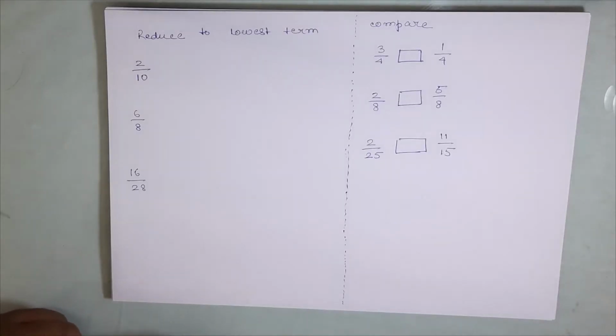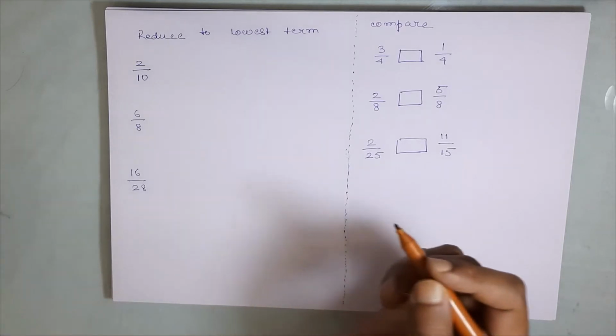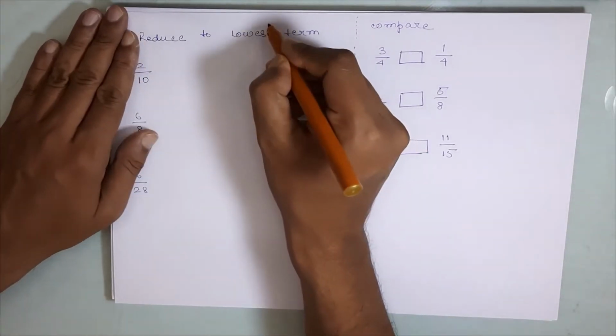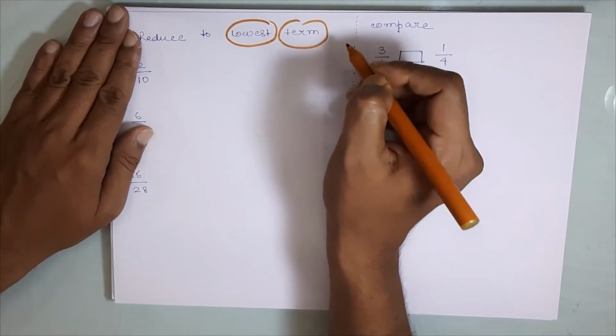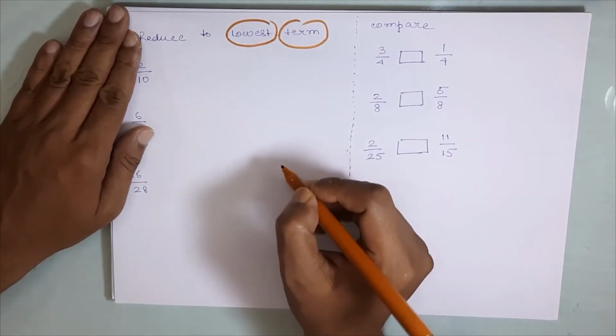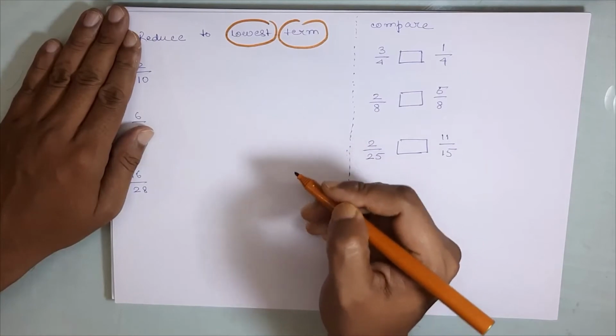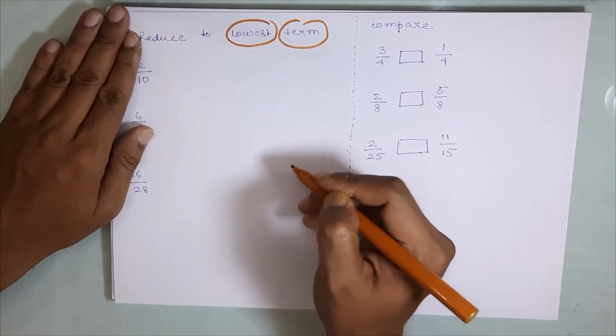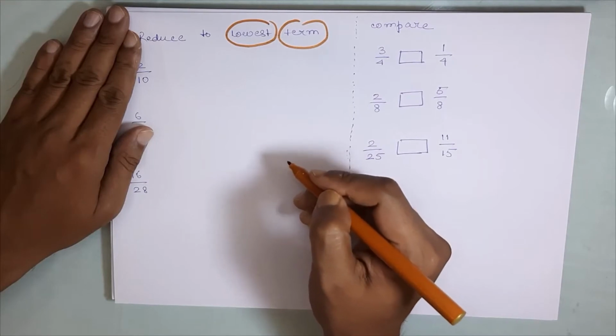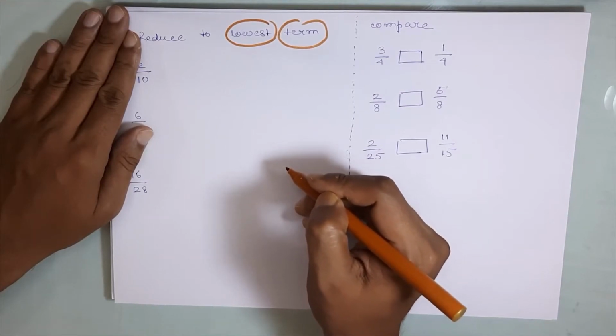Okay, so let us start our discussion on how we reduce a fraction to its lowest term. What do we call the lowest term? We call a fraction lowest term when the numerator and the denominator cannot be further divided by any common factors.